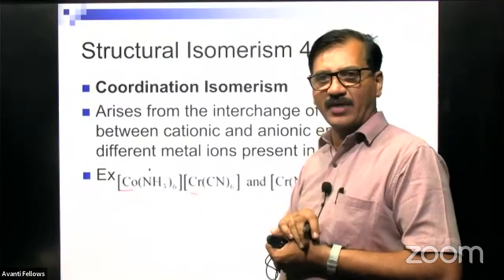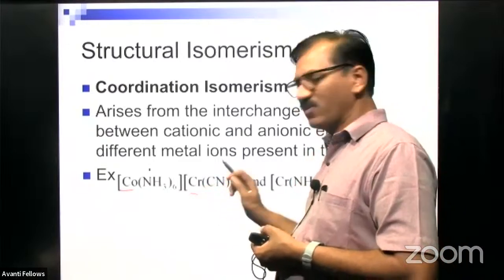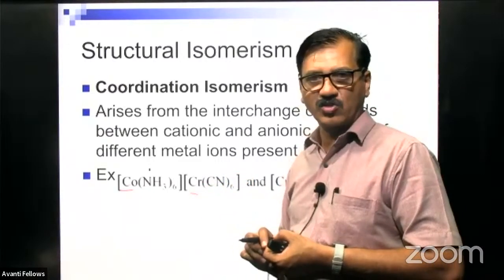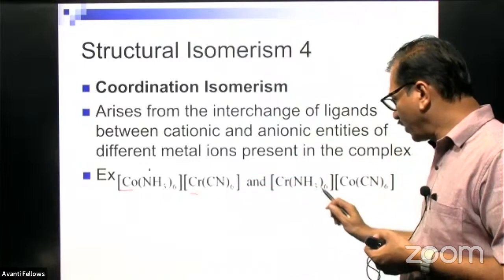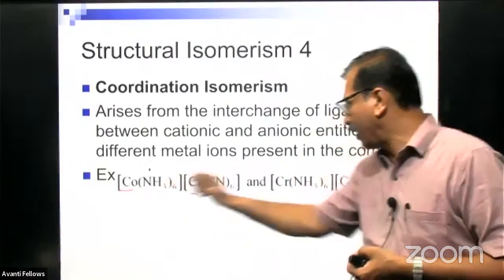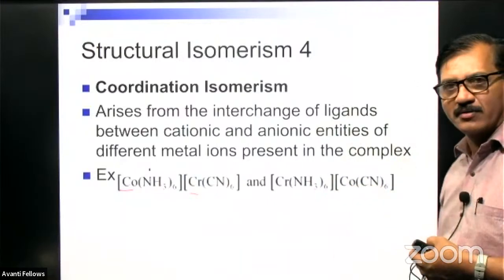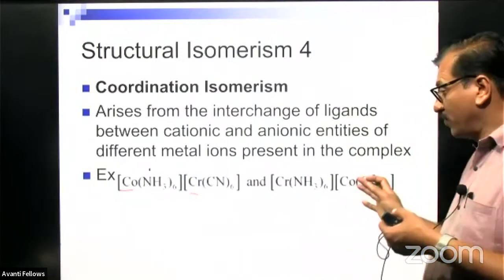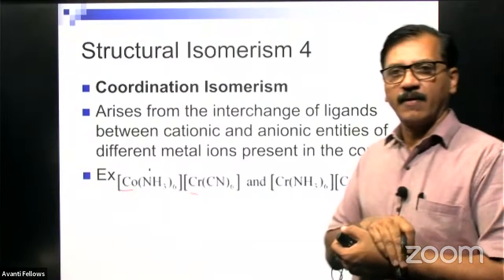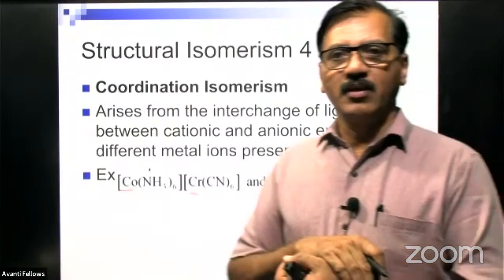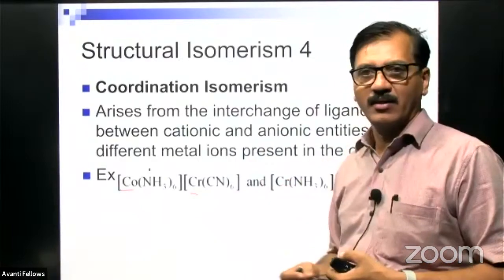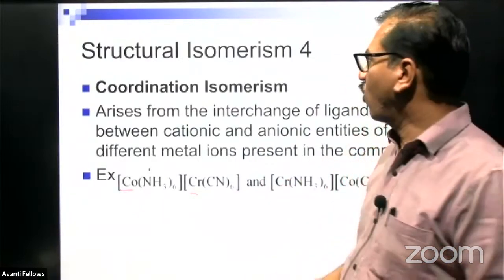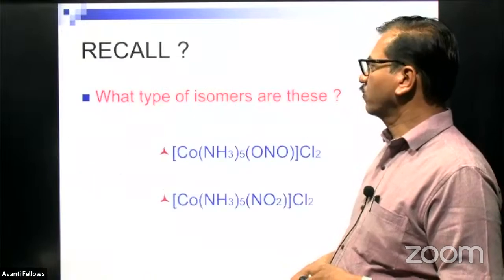The ligands are different. But in its isomer, chromium binds with 6 ammonia and cobalt binds with 6 cyanide ions. They interchange. Then the composition is the same, but the complex ions are different. Therefore, it is a coordination isomer.